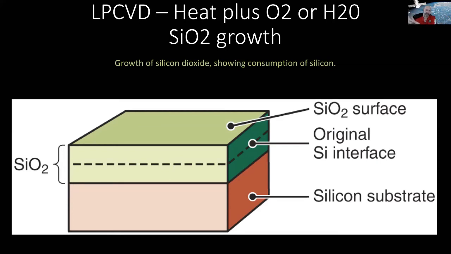To give you an analogy with 3D printing, if you're going to make 3D printed parts, sometimes you need a sacrificial material in between to hold up the two different layers that you're making, and then later on you remove what's in between, and then the parts can move relative to each other. Some of you may be familiar with that. So we can make silicon dioxide by using heat, oxygen, and a silicon source, which is the silicon wafers. Again, we do this at a high temperature.